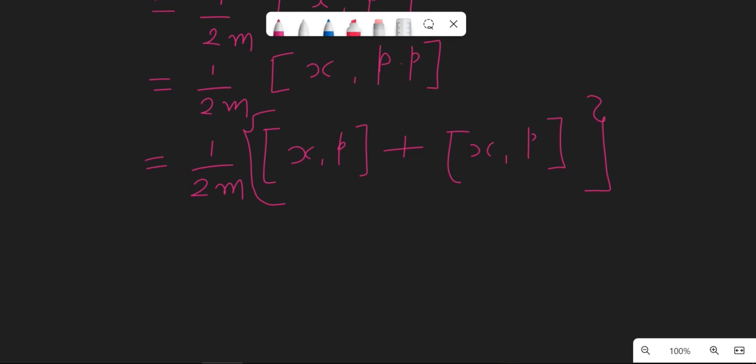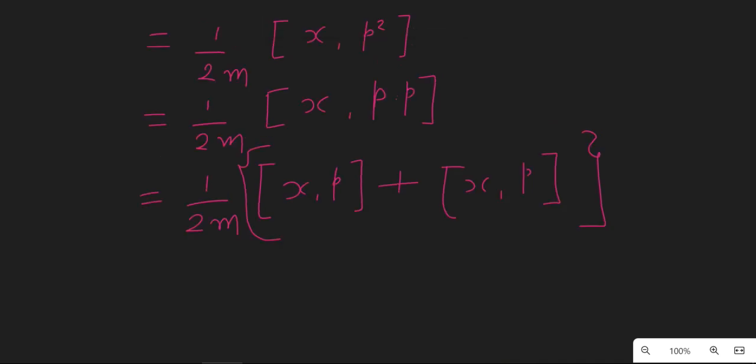We have x comma P, so I have to put P here also, and here also I have to put P. Now it is right.